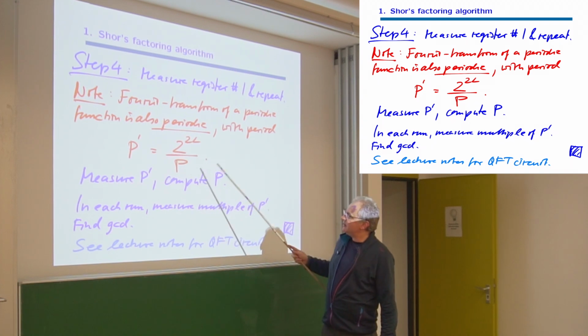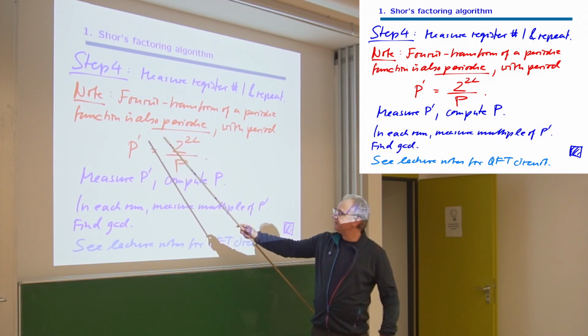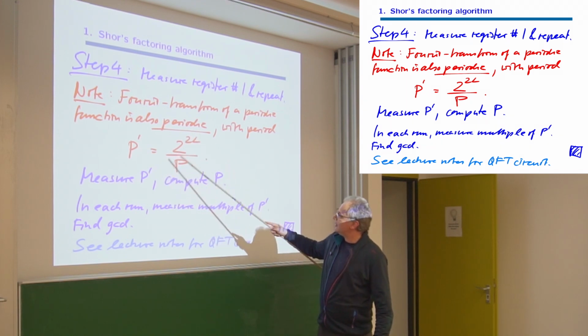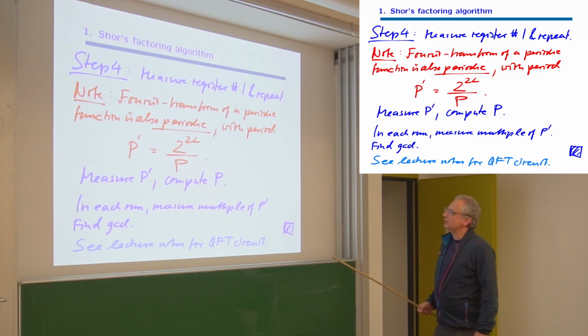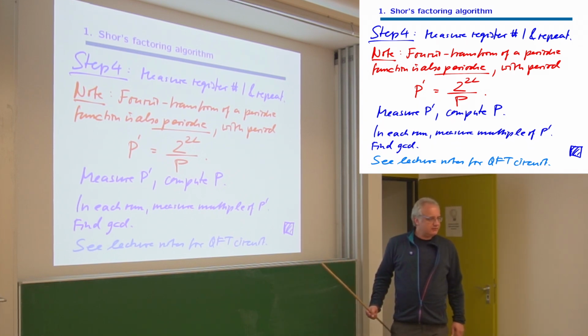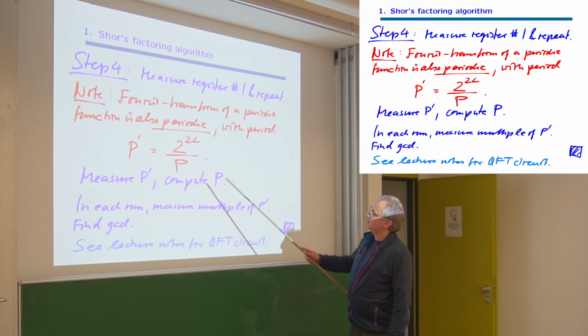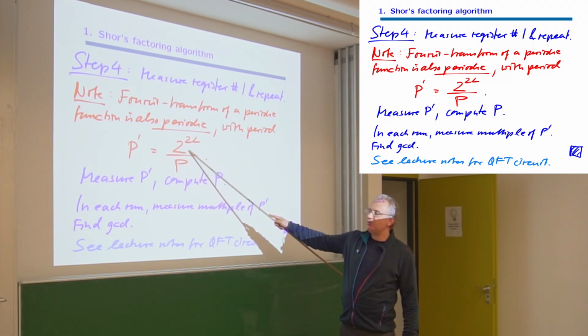They are related in this fashion. So I measure this, hopefully sufficiently accurately, and then compute P from that relation. But you immediately see that there is some degree of approximation involved here, because P has no reason to divide that power of 2 up here.